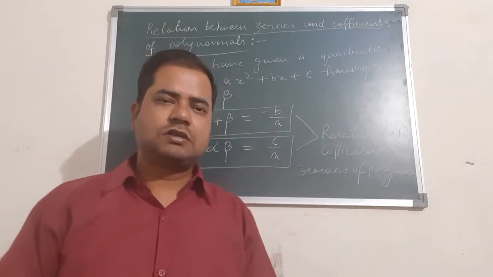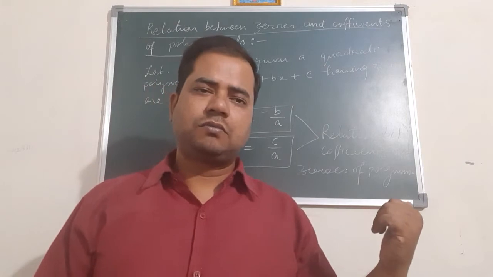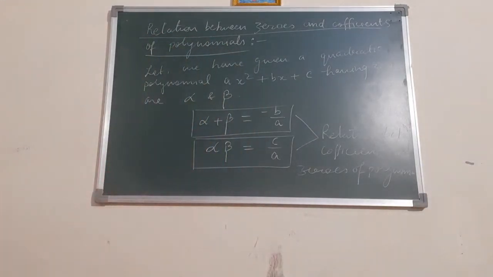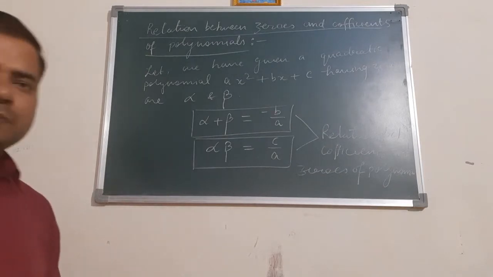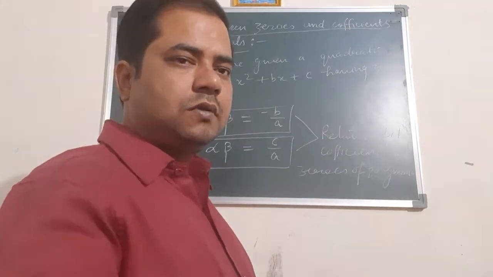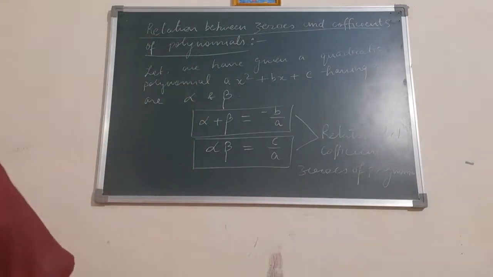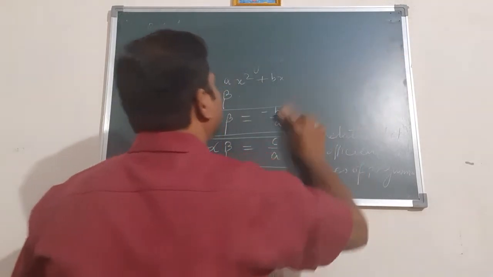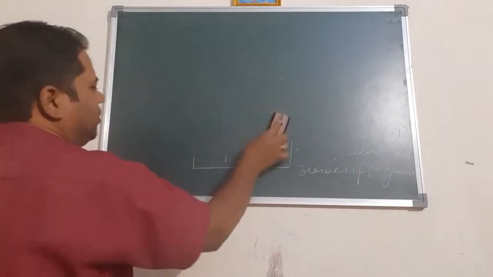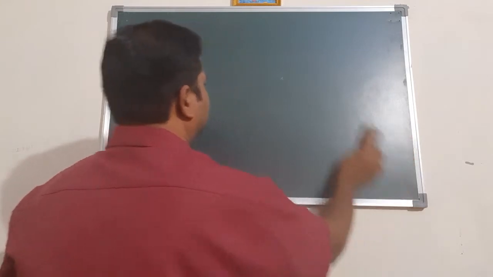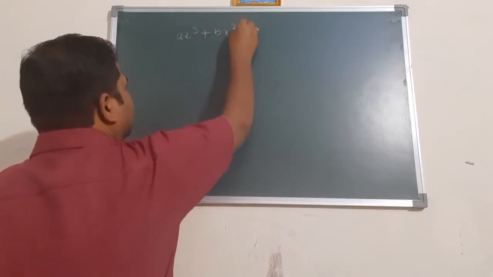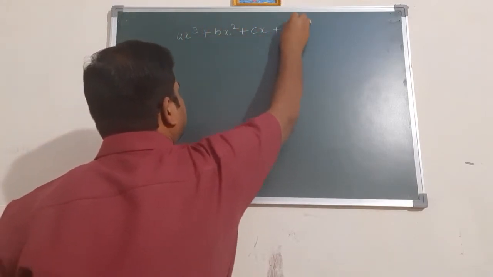Then after that we shall discuss the cubic equation. Okay, note down. For the cubic equation, we have a cubic polynomial ax cube plus bx square plus cx plus d.